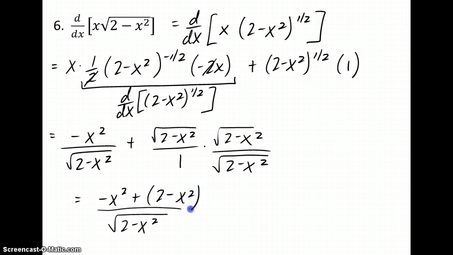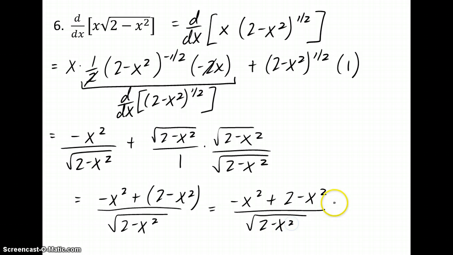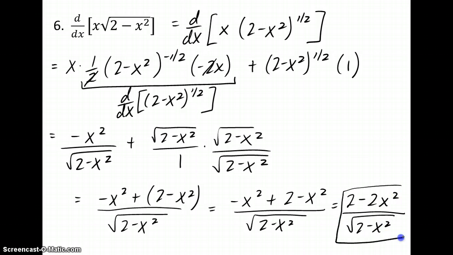We multiply the second function by square root of 2 minus x squared on the top and bottom. No negatives need to be distributed. Now just combining like terms, we get 2 minus 2x squared all over the square root of 2 minus x squared. So that would be the most simplified answer.